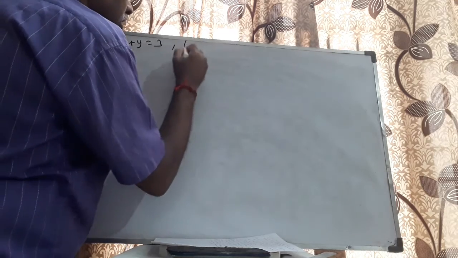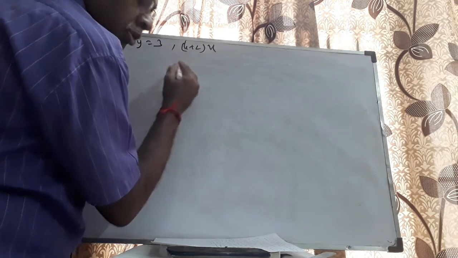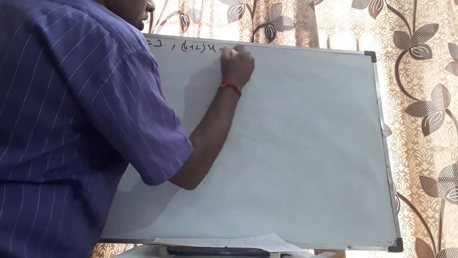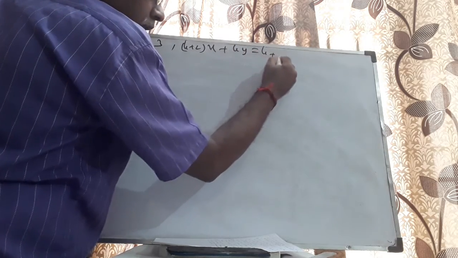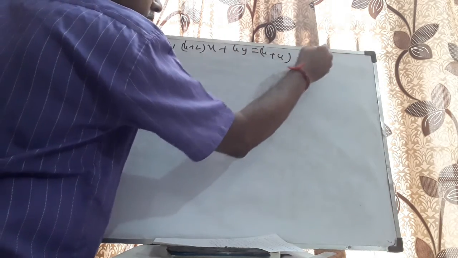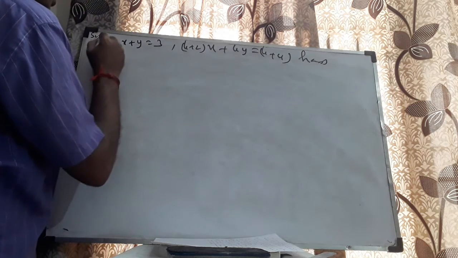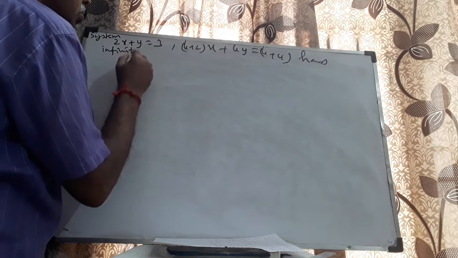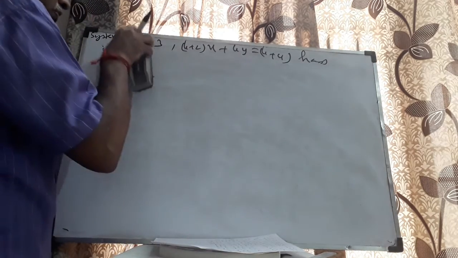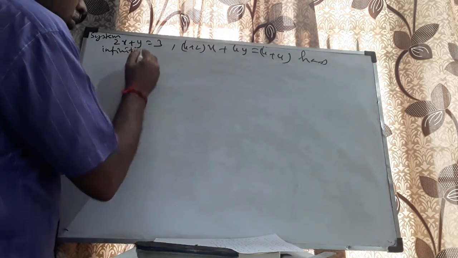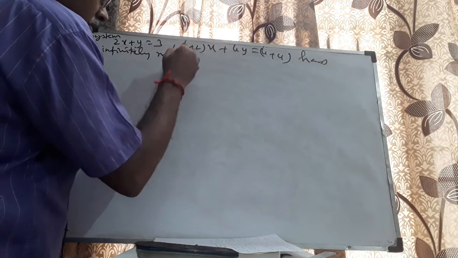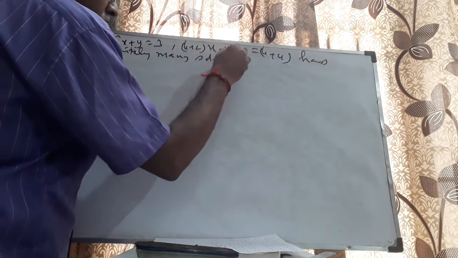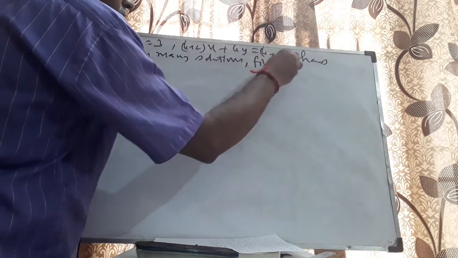If the system of equations 2x plus y is equal to 3 and k plus 2 into x plus ky is equal to k plus 4 has infinitely many solutions, find the value of k.